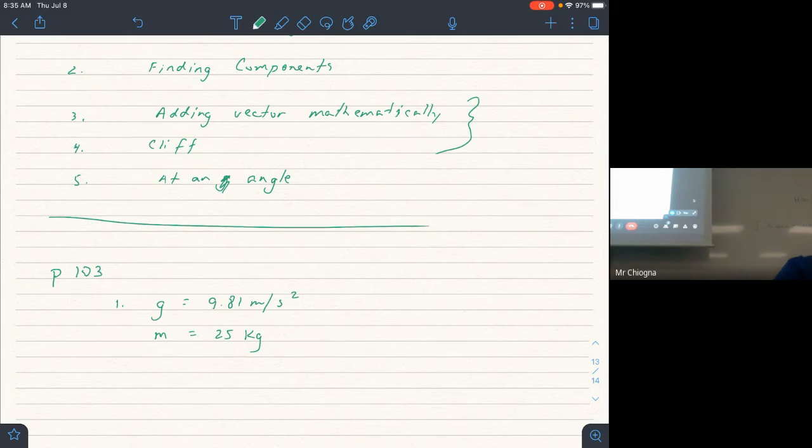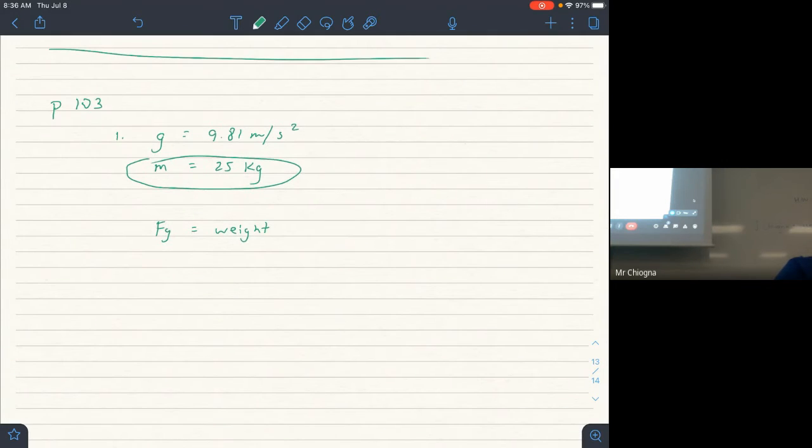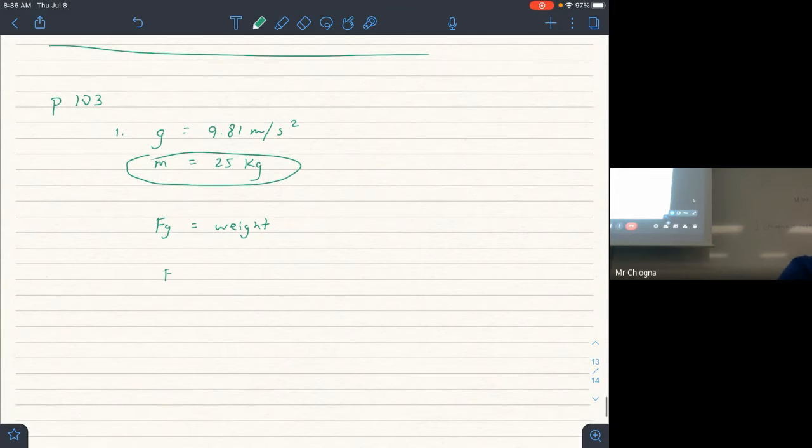That doesn't change, doesn't matter where you are: on the surface, above the surface, another planet. Mass is a measurement of the quantity of matter, how much stuff there is. This is the symbol for weight. It also stands for force due to gravity. And that can change. Why can that change? Because it depends on this. That value can change depending upon where you are. On the surface, we always use 9.81.